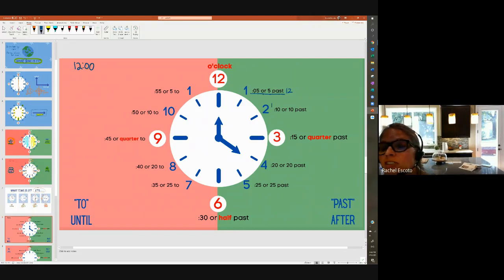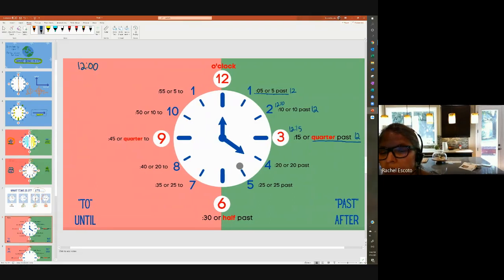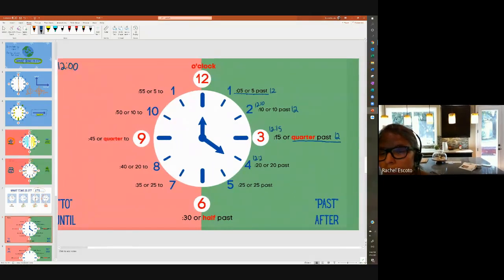This would be 12:10 or 10 past 12. This would be 12:15 or quarter past 12. How about this one? This one is 12:20 or 20 past 12. 12:25 or 25 past 12. And here we get 12:30 or half past 12.